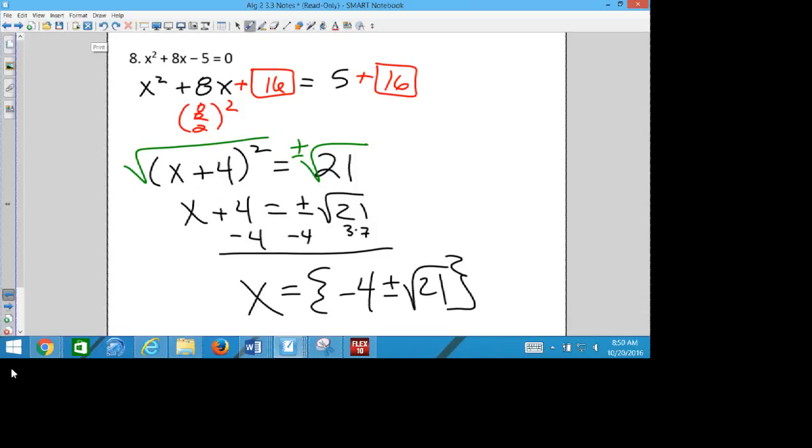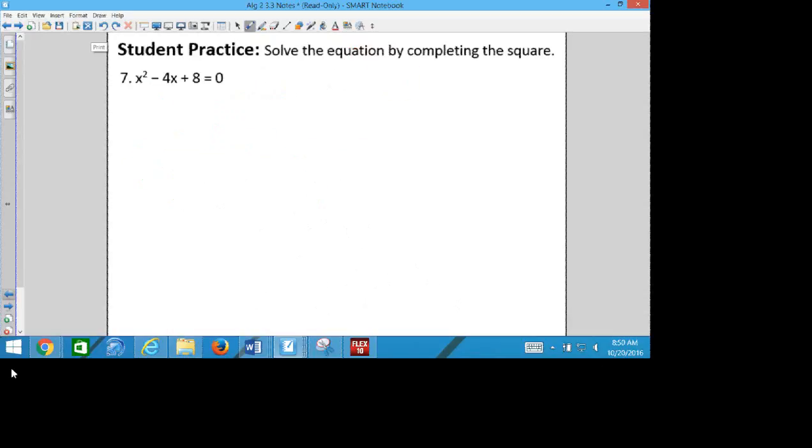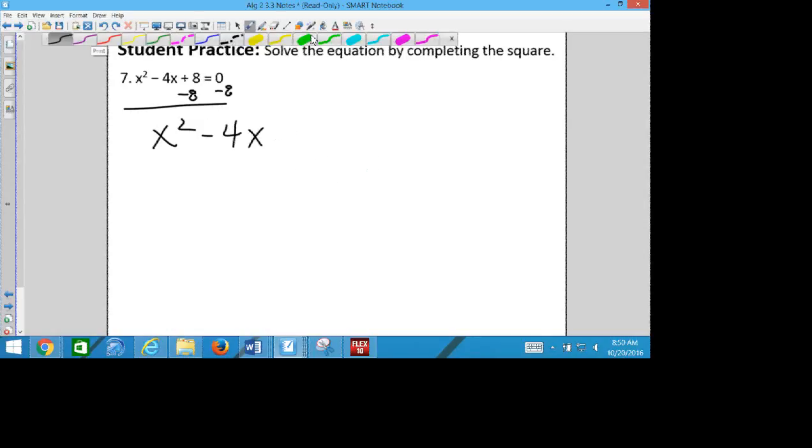All right. Look at number 7. We're going to do that one together. Number 7. First thing we're going to do is subtract the 8. Move the 8 over. And then I'm going to complete the square.